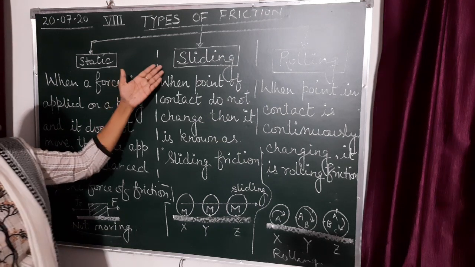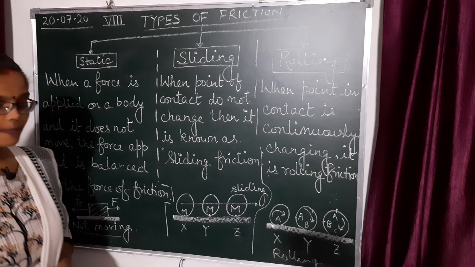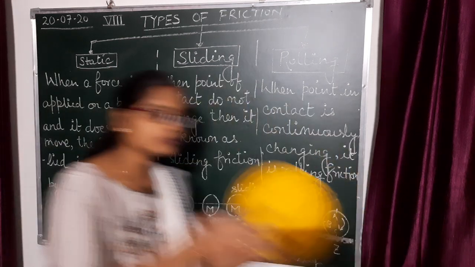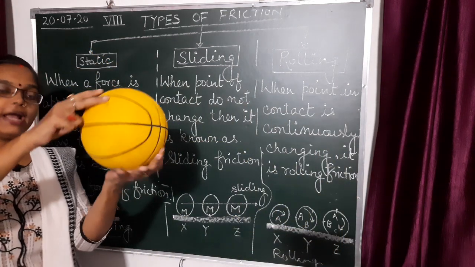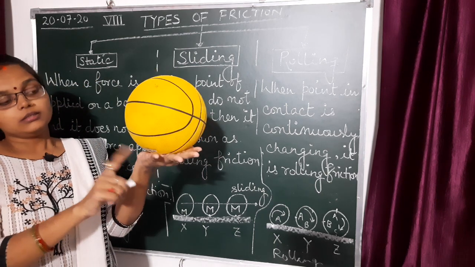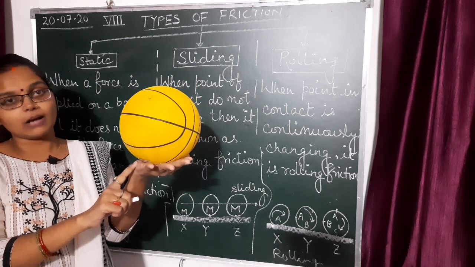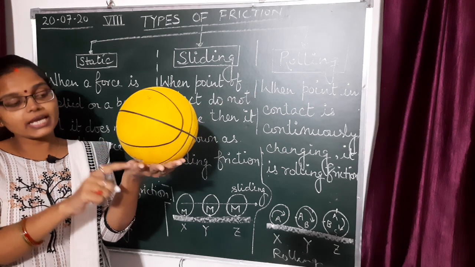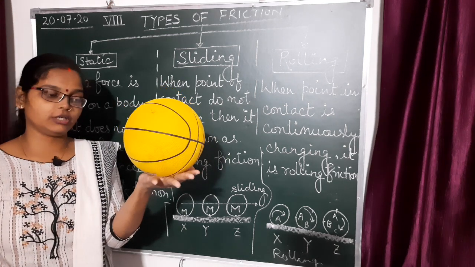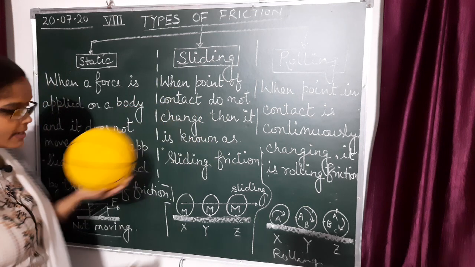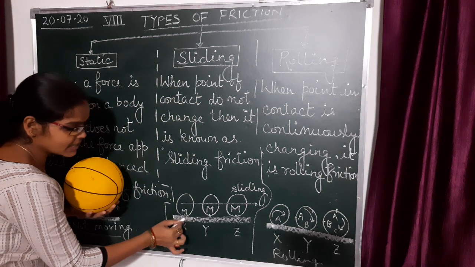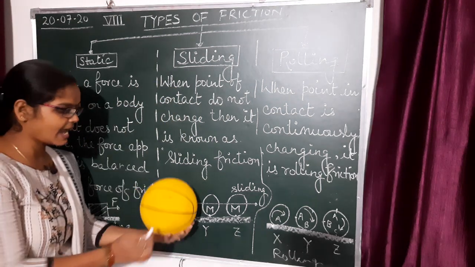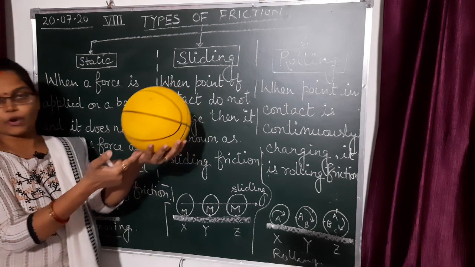Now the second one is sliding friction. There is a ball in my hand. The surface of my palm and this ball are in contact with each other. One point is in contact with the surface, and that one point is this point.